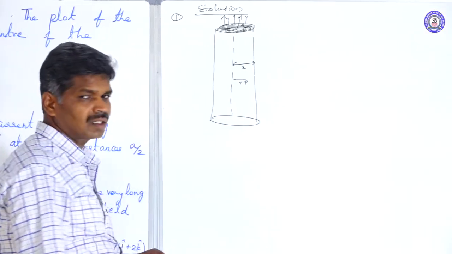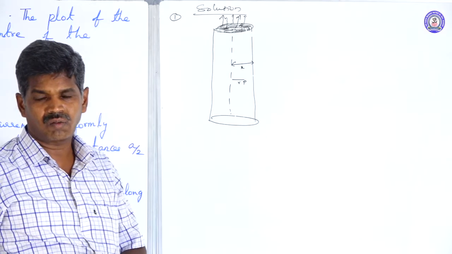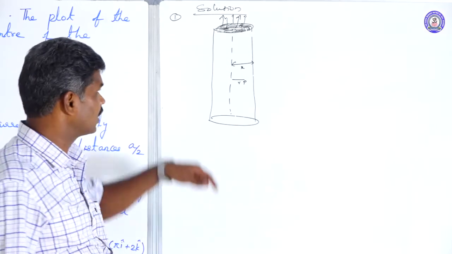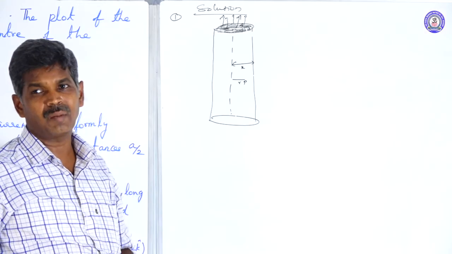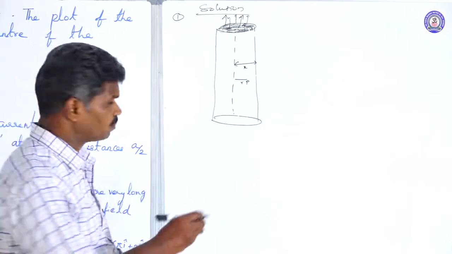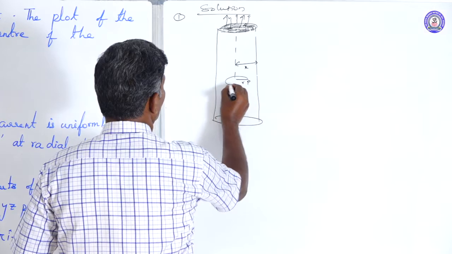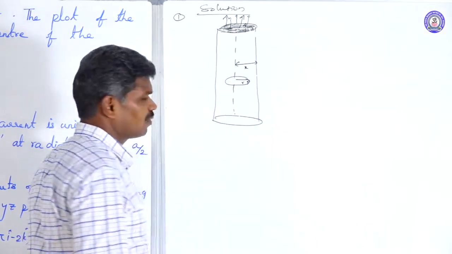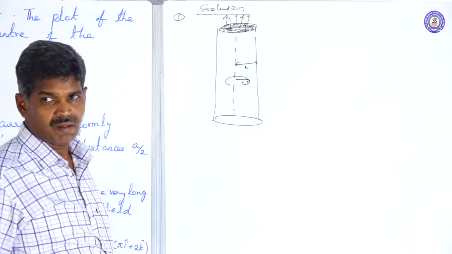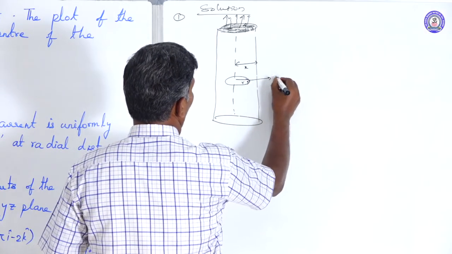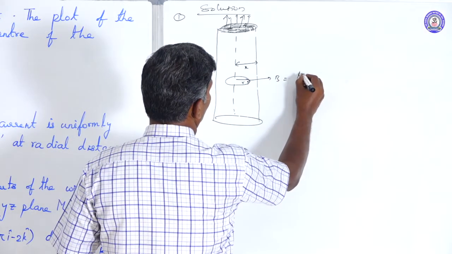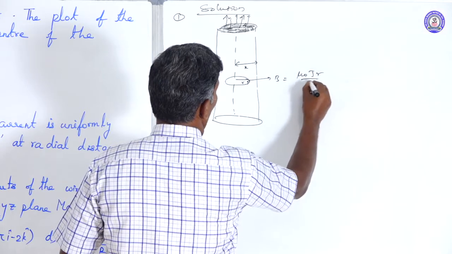Based on Ampere's circuital law, to find the magnetic induction at this point P, we trace out an Ampere loop in the shape of a circle inside the conductor. Here the magnetic field B is equal to mu naught J r by 2.